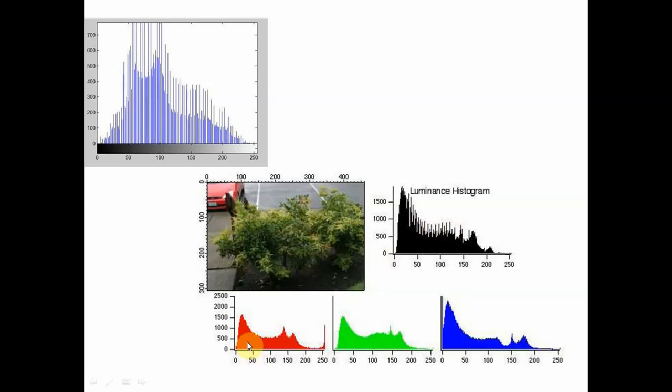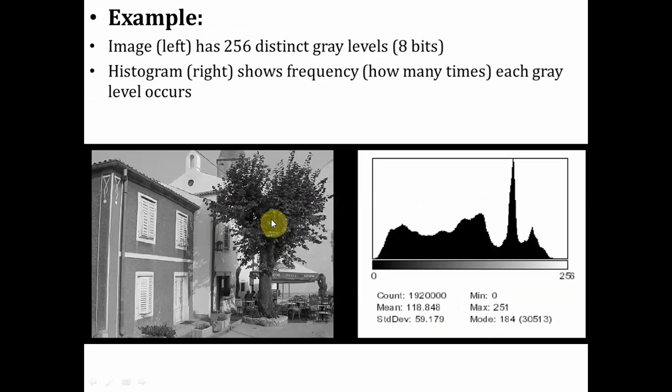So you have a red color histogram, green, and blue. When you combine all three, you will be able to create the color image, and normally it covers the range from 0 to L minus 1. When you consider a gray level image, what is it? A gray level image is 8 bit, so it has 2 raised to 8, a total of 256 levels.